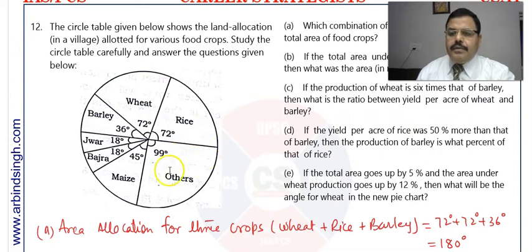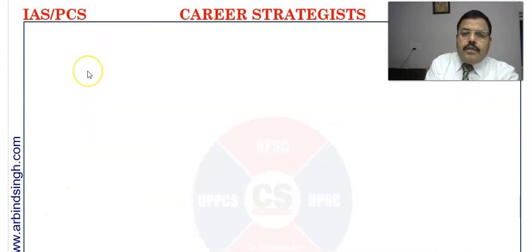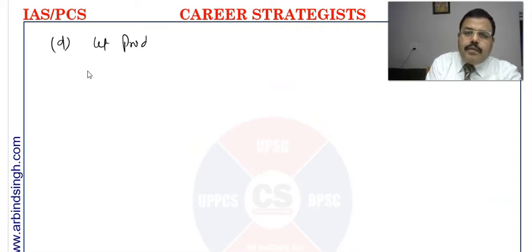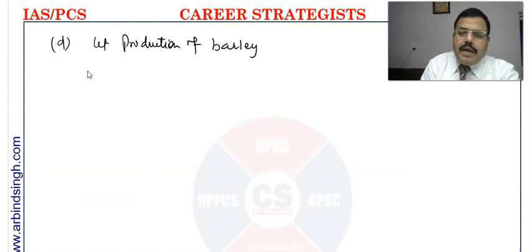So for D part, we can write: let the production of barley per acre be x quintal, say.